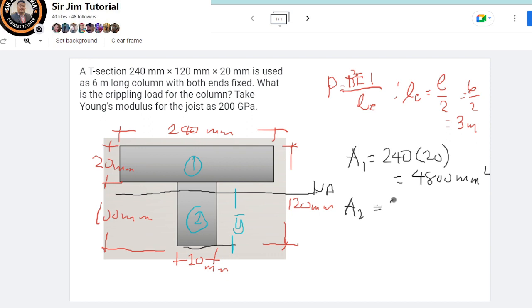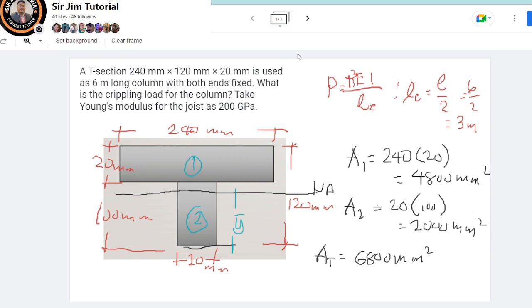So you have 20 times 100, so you have 2,000 square millimeters. In other words, your total area is 4,800 plus 2,000, which is 6,800 square millimeters.